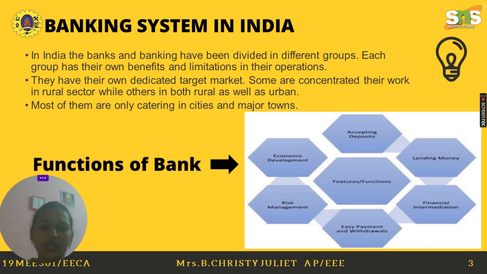Most of them only cater to cities and major towns in order to concentrate on the people who are in excessive need of money, and people in towns will also have more money for deposit. So many banks will be in city areas and towns only, that is, in urban areas only.